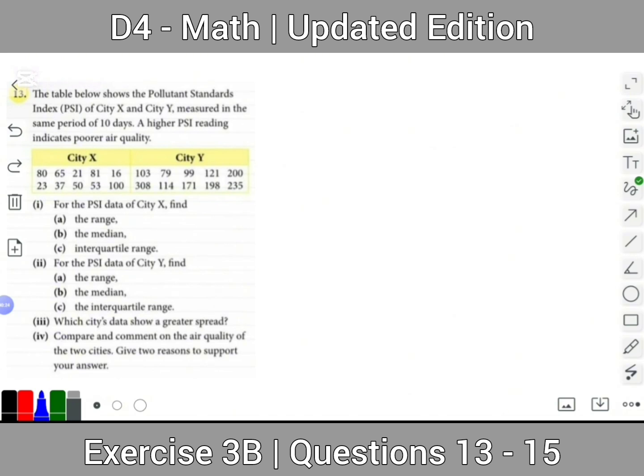First, we have to arrange the data values in ascending order. So we start from the smallest value.